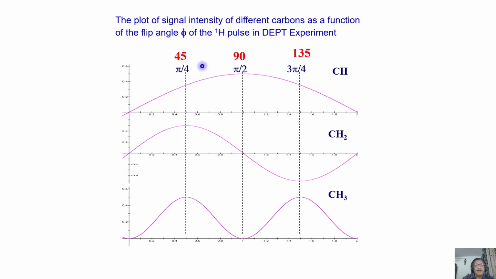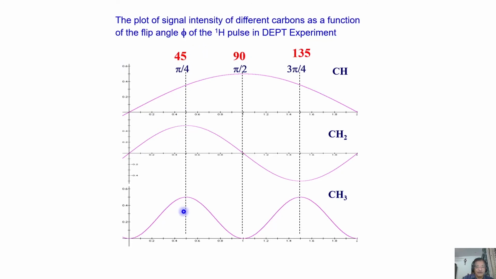When phi is 45 degrees, when the flip angle of the last pulse on the proton channel is 45 degrees, this is the intensity of the peak along this axis. This is the angle, this is the intensity. Intensity is along the y axis, the flip angle is along the x axis.